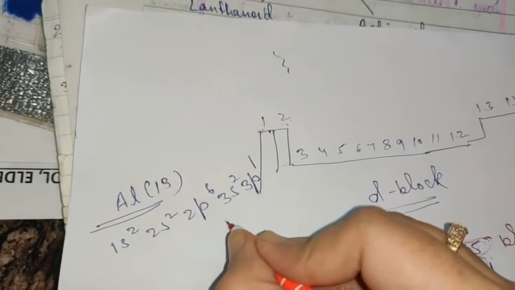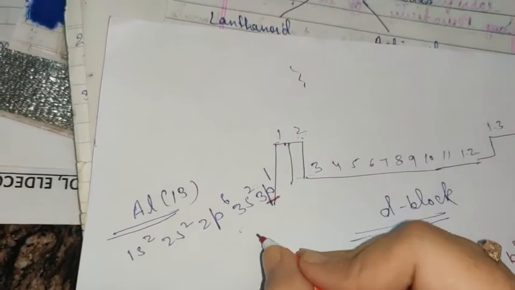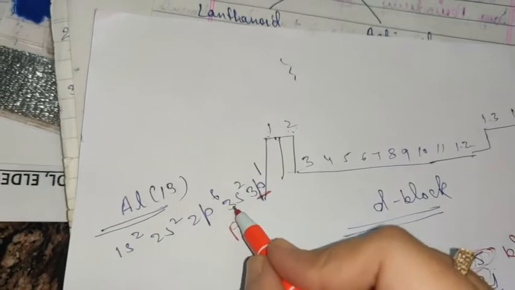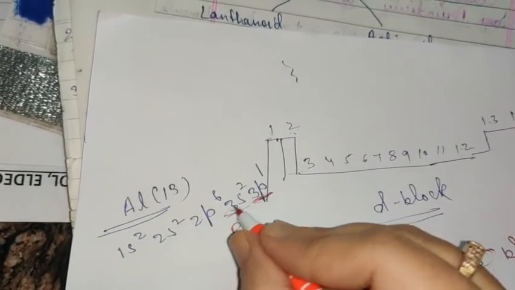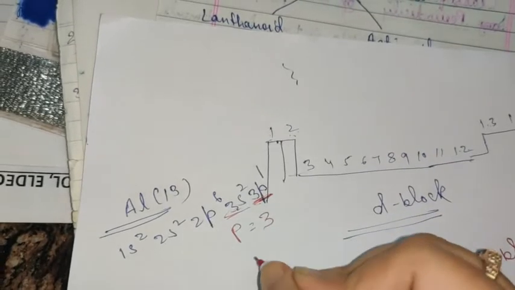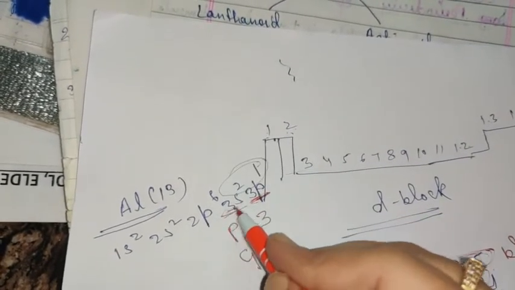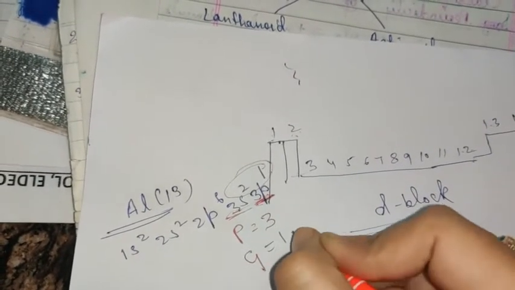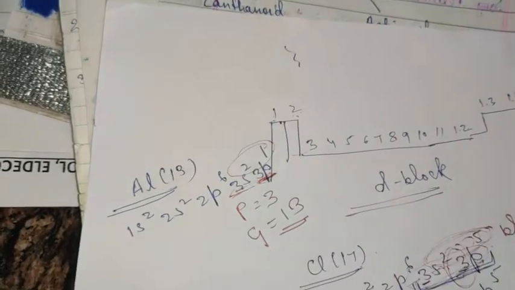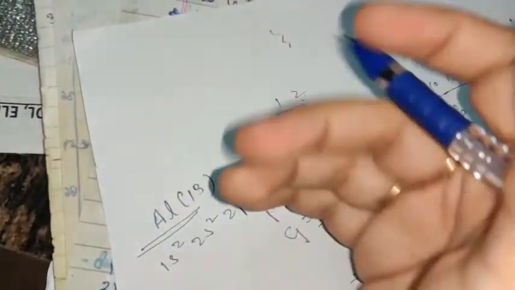The block is P block. I am not writing the block here. Now tell me the period number. You can see the highest value of shell n is 3, so period becomes 3. Now group, add the electrons present in the third shell, it is 3 plus 10, so the group becomes 10 plus 3, 13.